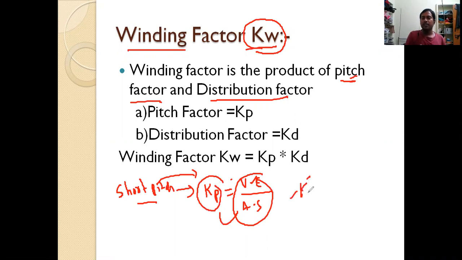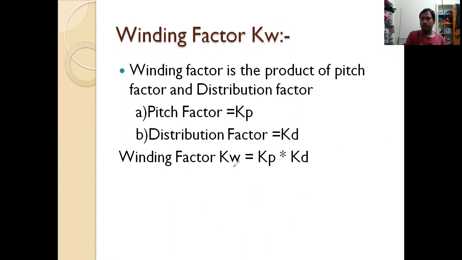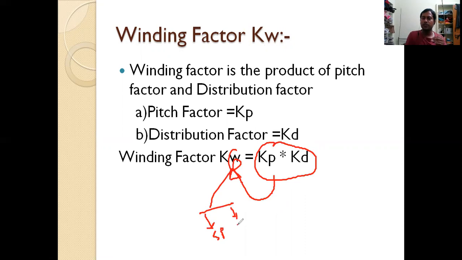In the same way, in the concentrated winding there is an arithmetic sum, and in the distributed winding there is a vector sum. This ratio is Kd, the distribution factor. If you multiply these two, Kp and Kd, you get the winding factor. We are changing the winding into a short pitch winding and a distributed winding.